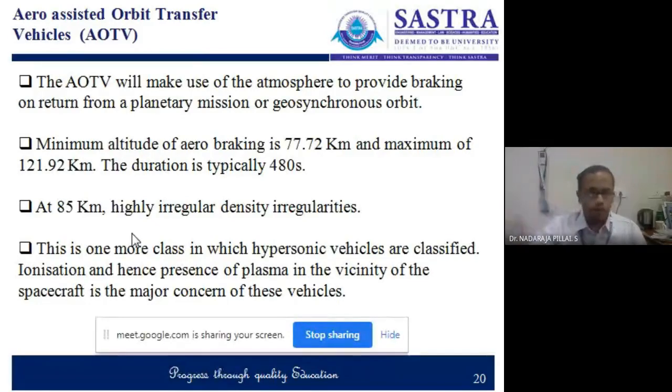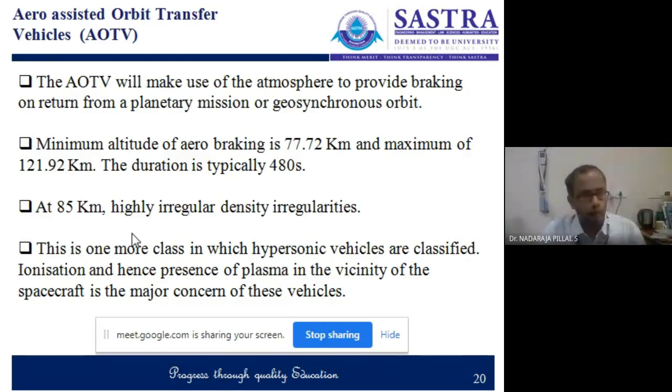So another problem here is at 85-kilometer altitude, the density is highly irregular. You know very well that when we fly at various altitudes, the density decreases, right? And over an altitude range, you will see the change in pressure, density, temperature, and all those things, right?